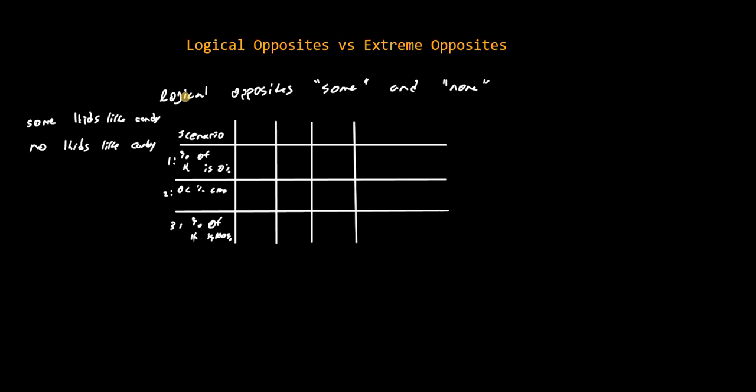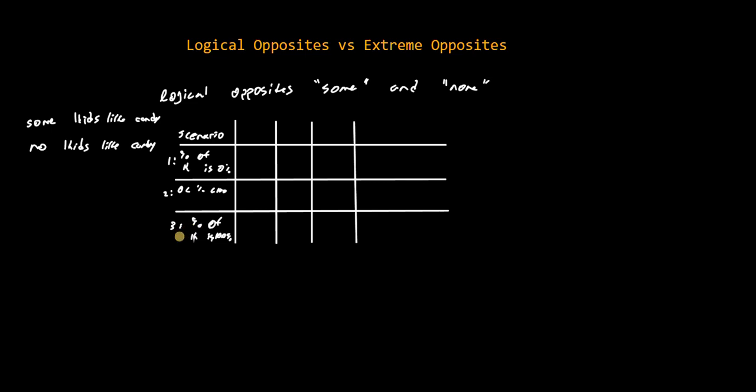So scenario 1, 0% of kids like candy. In scenario 2, some kids like candy and some kids don't like candy. So the percentage is between 0 and 100. It is not equal to 0. It is not equal to 100. And in scenario 3, 100% of kids like candy.